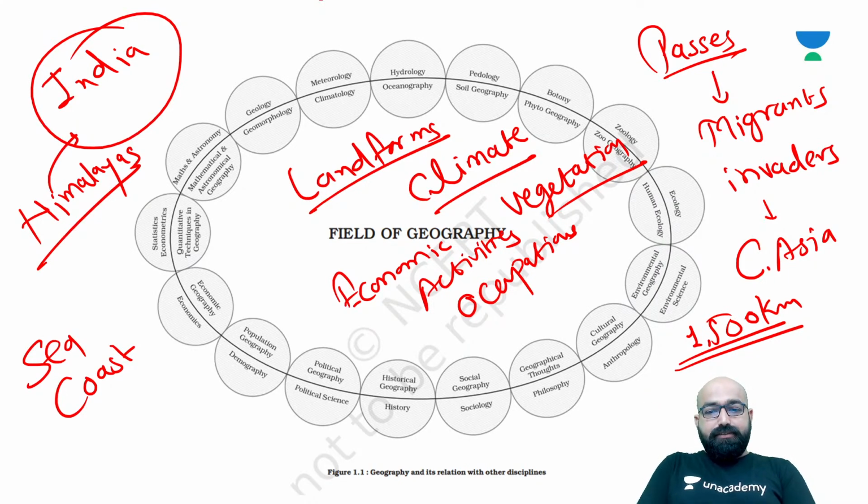Distance between point A to point B is 1500 kilometers. Or alternatively, it can also be said that place A is 2 hours away from place B, or 17 hours.